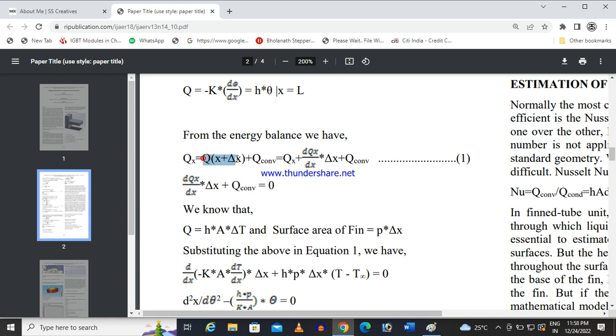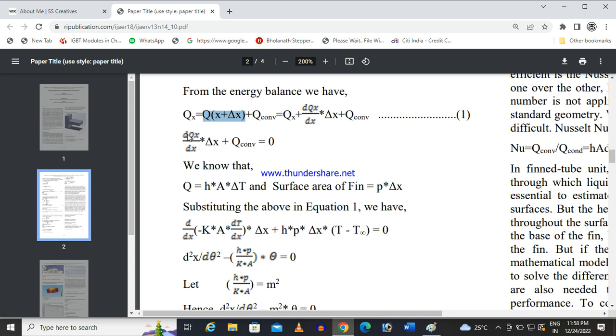Now if we expand this by Taylor series, you get Qx plus del x equal to Qx plus dQx by dx into del x plus Q convective. The Qx cancels, so you get a first order differential equation, dQx by dx into del x plus Q convection is equal to 0.